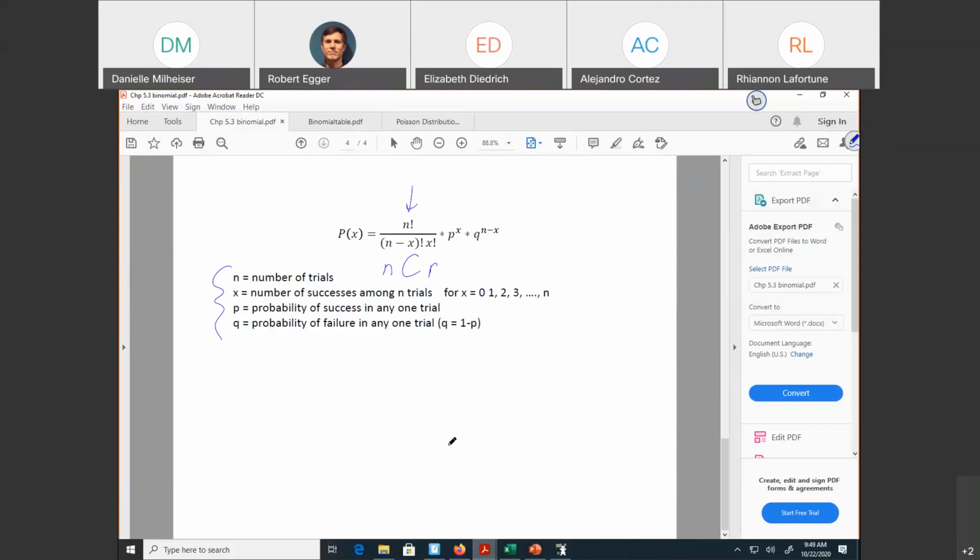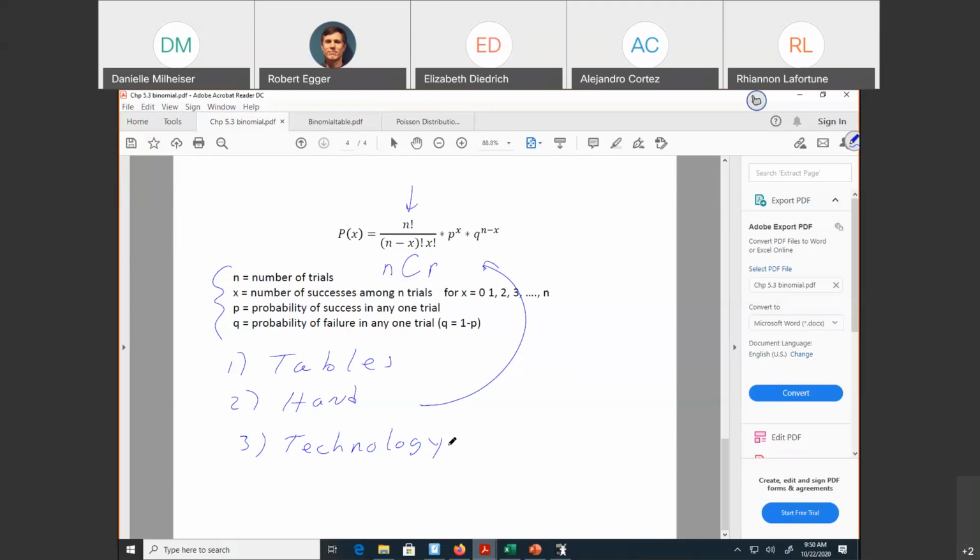So in solving these, we have 3 methods. Tables to a degree, by hand, means this way, or technology. And I'm going to do an example in class where I'm going to use all 3.